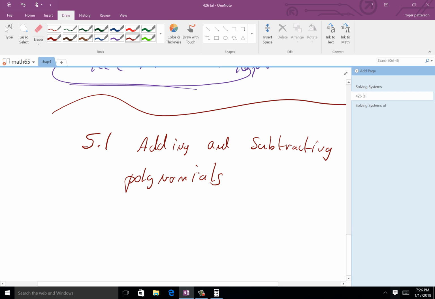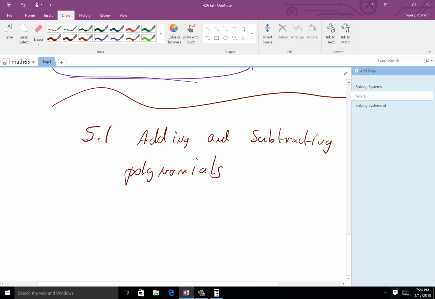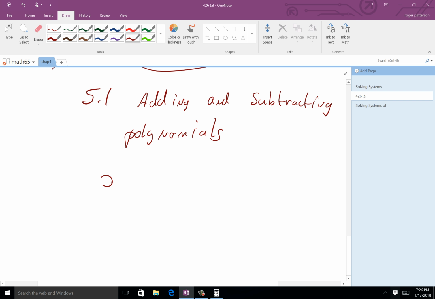Okay, so first of all, let's talk about what is a polynomial. Poly means many, nomial means terms. So a polynomial is, it's easier to actually give you an example rather than to write some down.